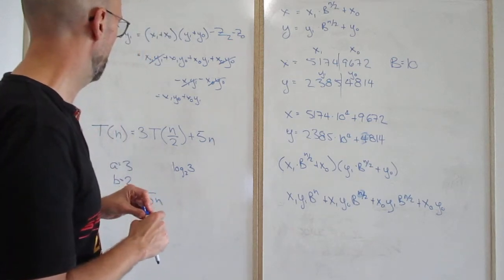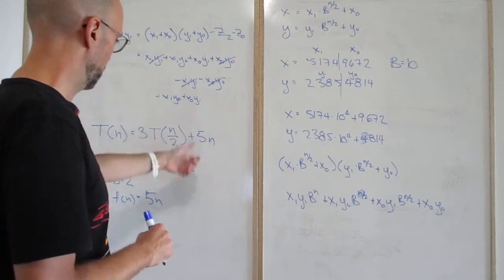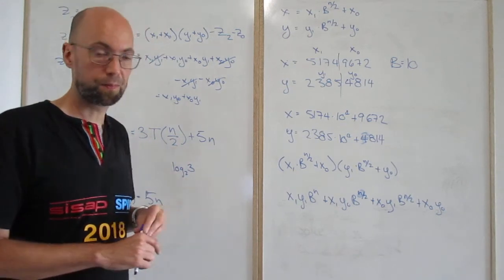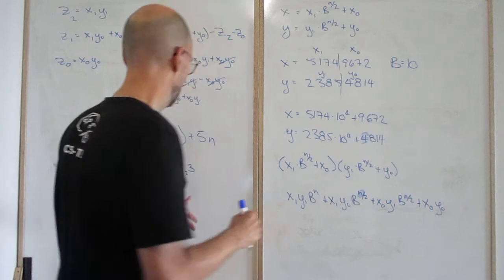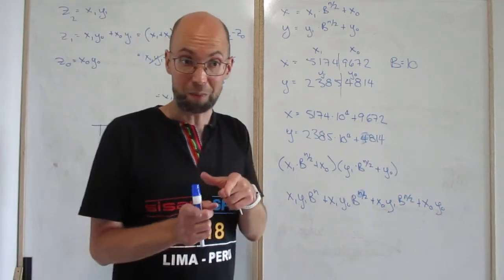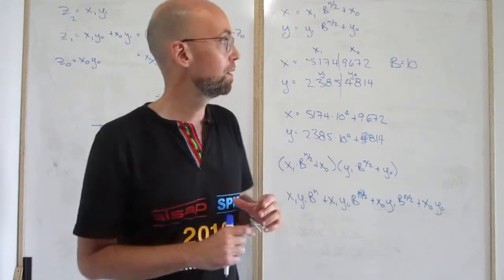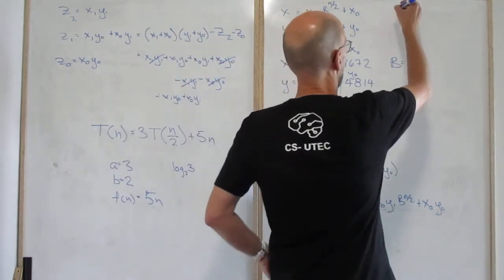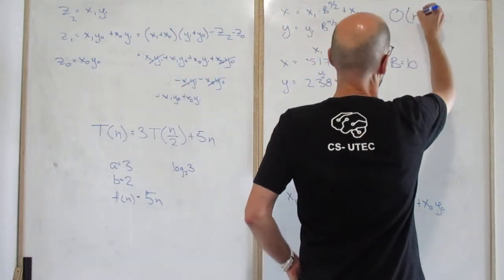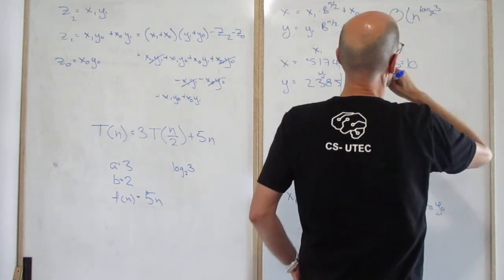So anyway, it's going to be n to the log base 2, 3. Right, so we plug it into the master theorem, which I don't have in front of me, but as you may have seen on the exams from previous years, if I ask questions about the master theorem, I actually paste the master theorem there. So we're going to get O of n to the log base 2, 3.